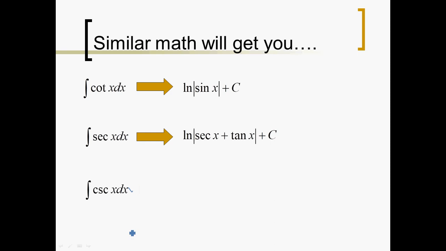Cosecant is, shocker, the natural log of a difference. And notice that secant is secant plus tangent, and cosecant is cosecant minus, not tangent, but cotangent. Those are just little memory tricks.